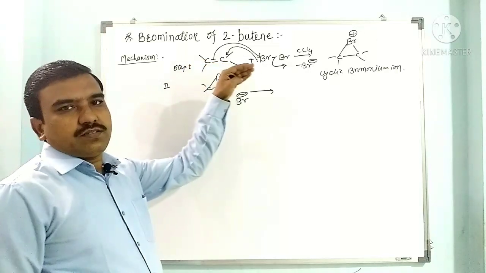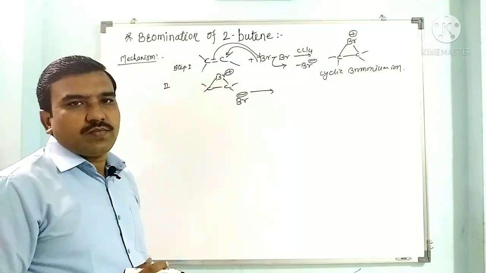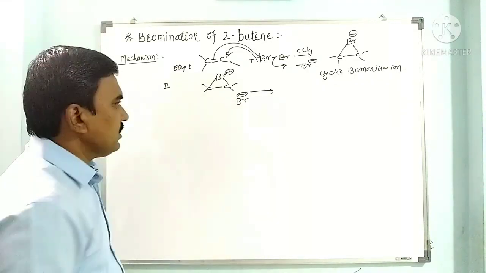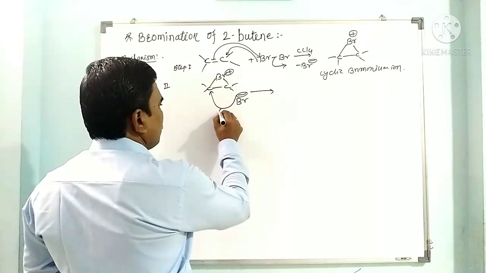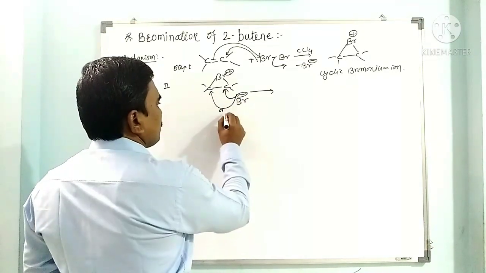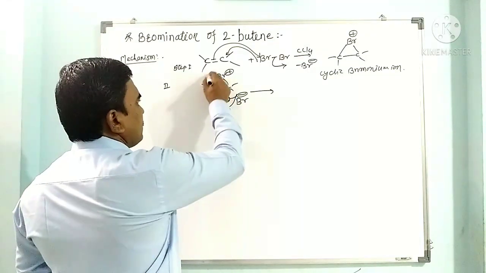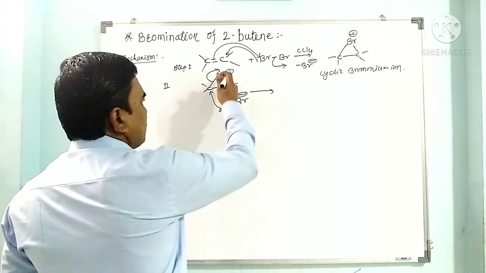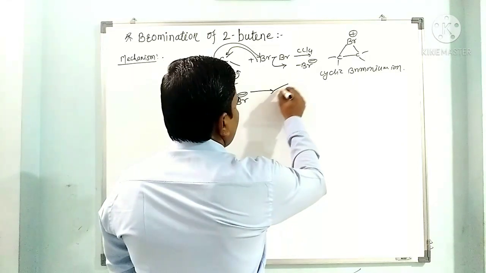one side is totally blocked by the bulkier bromine, so the opposite side is totally available for this bromide to attack on the respective carbon. So it may attack here or it may attack here. So this is one possibility, this is the second possibility. When it attacks here, this bromonium ion gets cleaved, or when it attacks here, the second way, this can be cleaved.